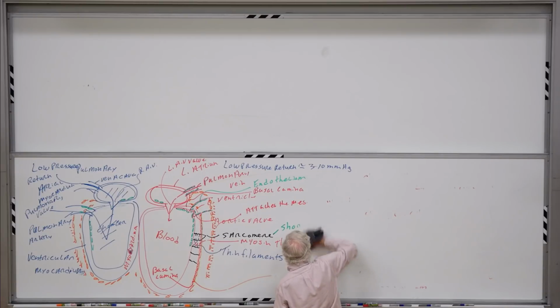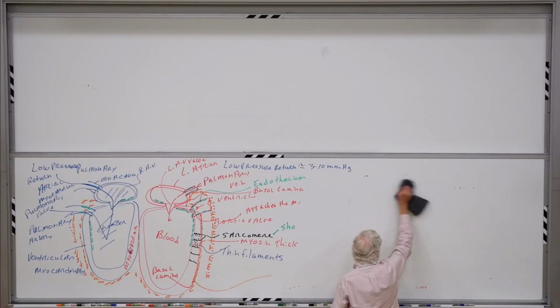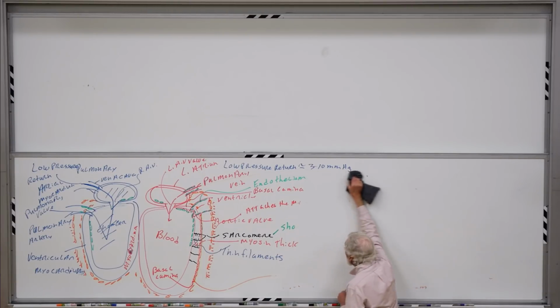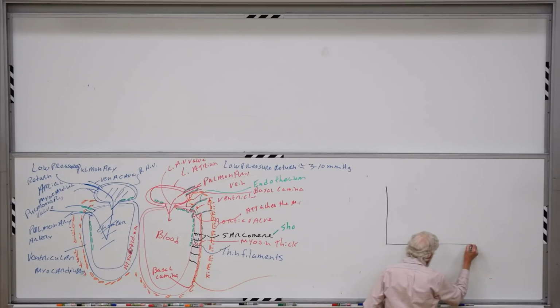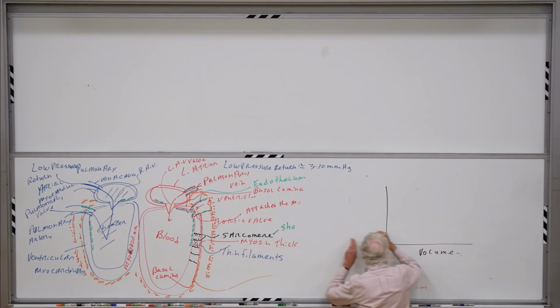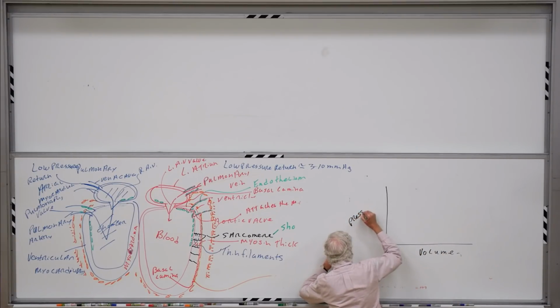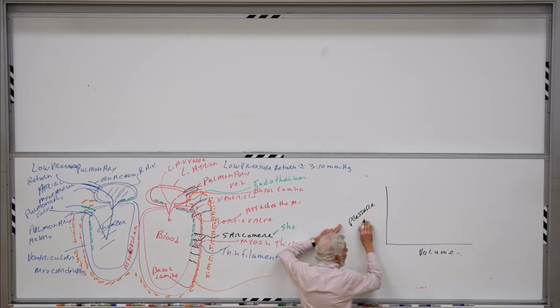It's going to be unusual in comparison to a lot of the graphs that we put on the boards here because there's no time. So if we draw it this way, on the abscissa there's volume, and on the ordinate there's pressure. Typically the pressures are given in millimeters of mercury.